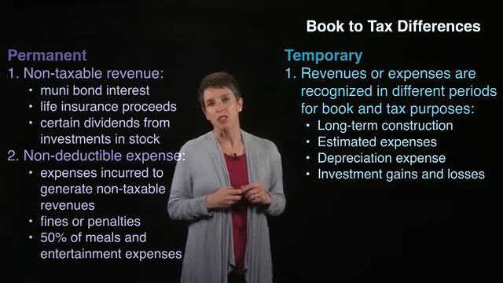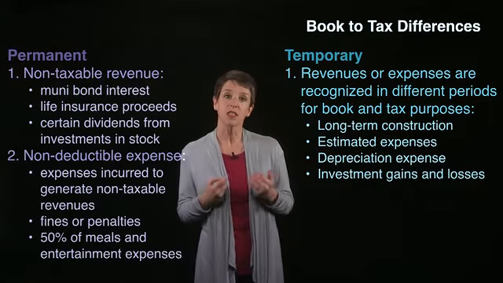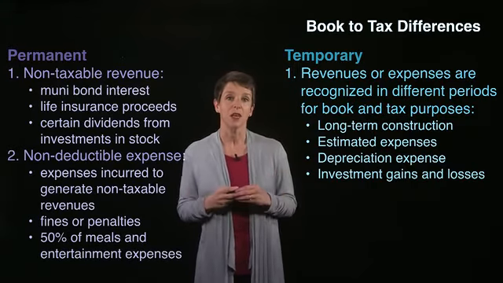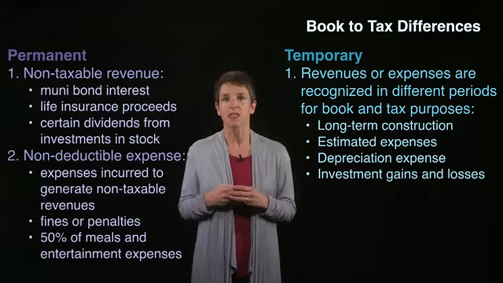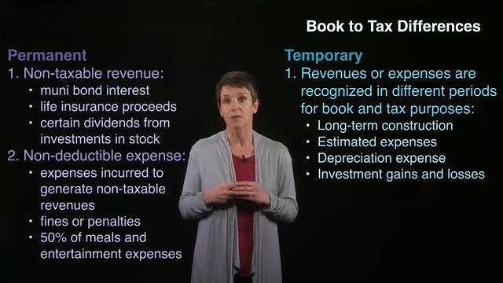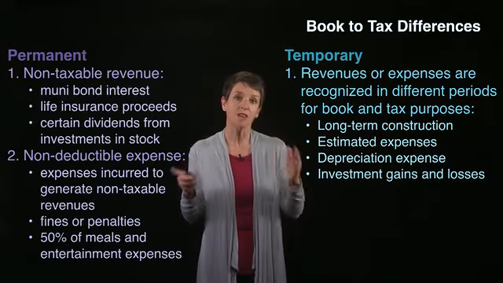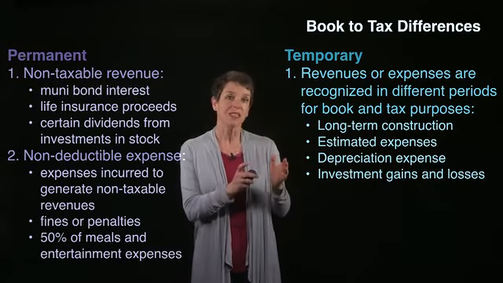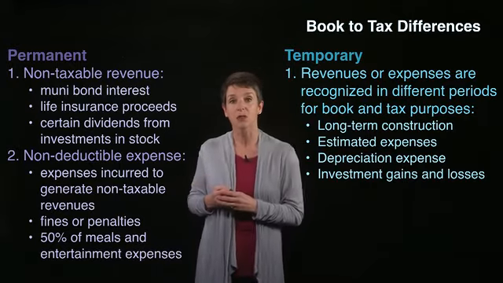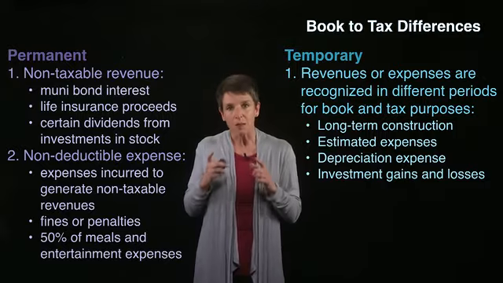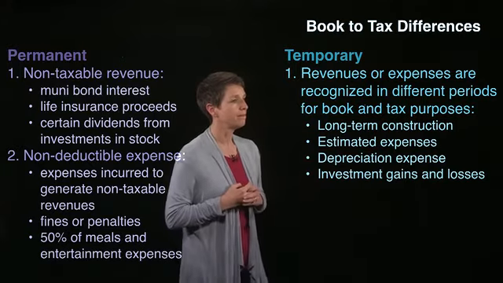Similarly, depreciation expense for book purposes is often done on a straight line basis. But for tax purposes, most of the time, depreciation expense is some kind of accelerated basis. Over the life of the asset, we will expense the same amount in our books that we will ultimately deduct in our tax returns, but the timing will be in a different period.